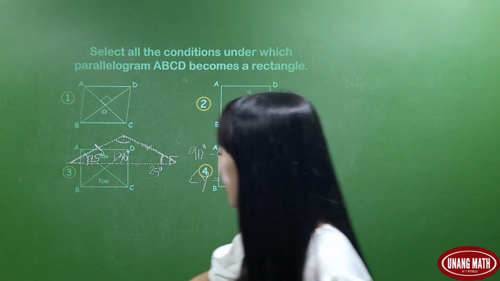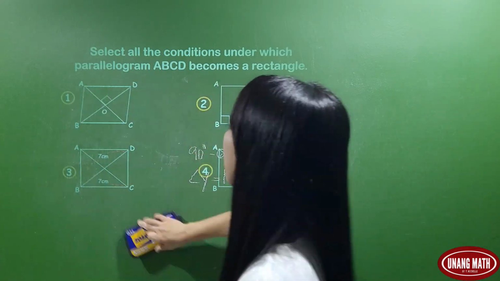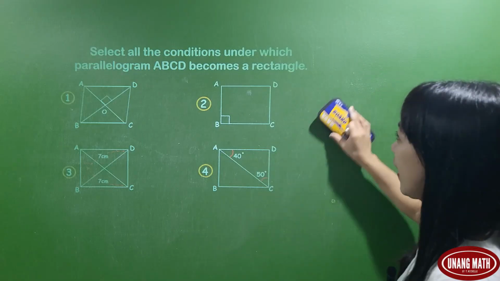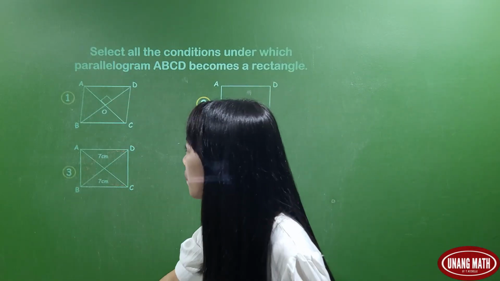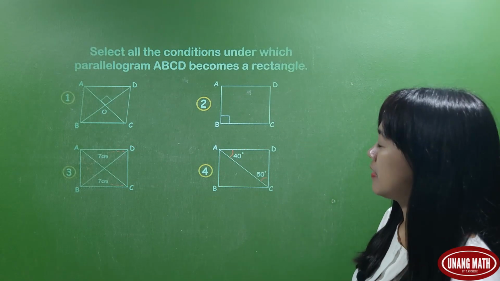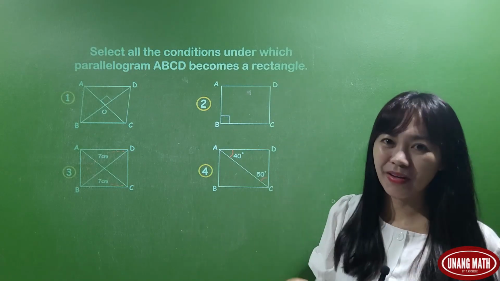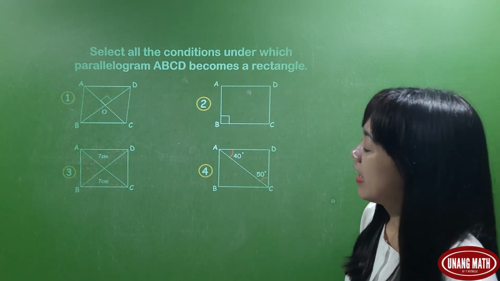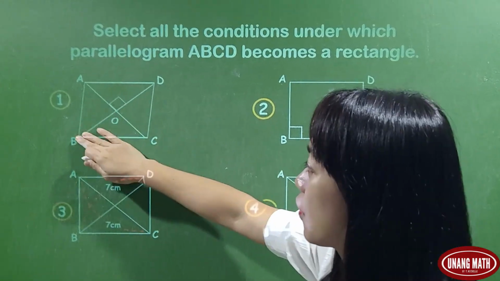Okay, what about this last question? We are going to select all the conditions under which parallelogram ABCD becomes a rectangle. Okay, let's take a look at this first figure.